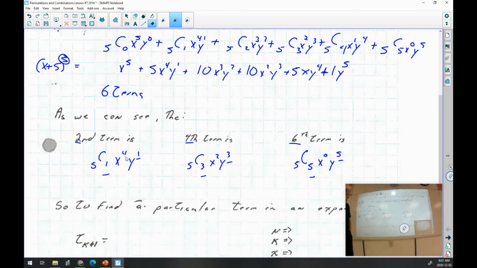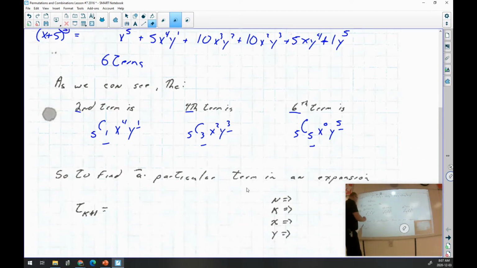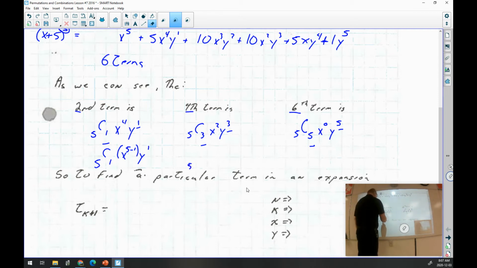Again, notice here, this is 5 minus 1, this is 5 minus 3, this is 5 minus 5. So we could write this now.